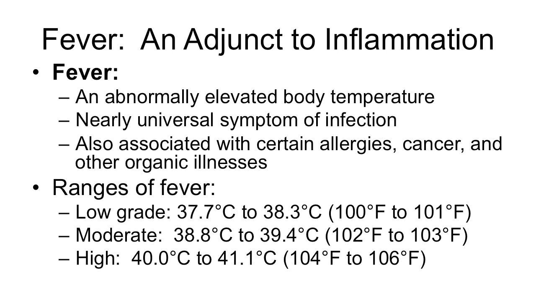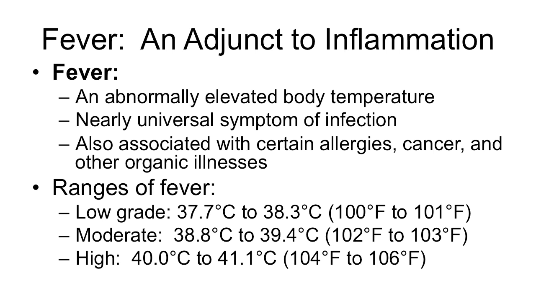So now fever is one of those effects of inflammation, and is usually a good thing to have, especially in the low-grade range, which goes from 37.7 to 38.3 degrees Celsius, which is about 101 Fahrenheit. A lot of microorganisms are mesophiles, and they do not like living in high temperatures. So the fever tends to do things to them that make them extremely uncomfortable and put them out of the temperature of their living.